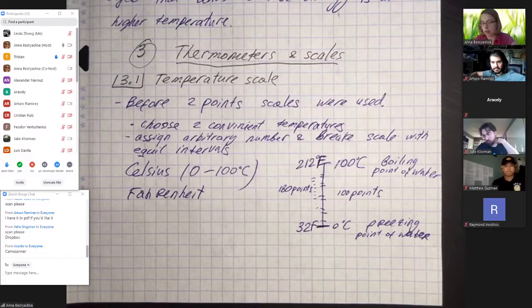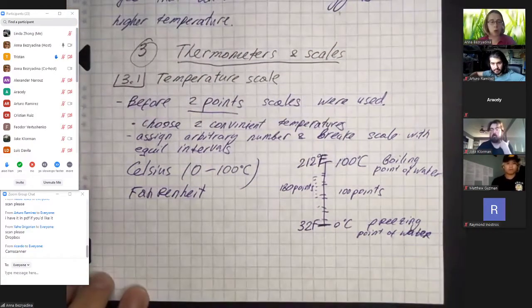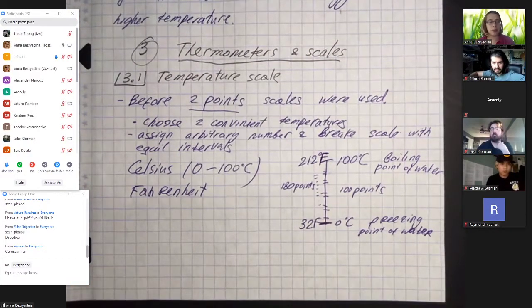We had a 2-point system. But now they came up with the ideal gas scale with only one fixed point.